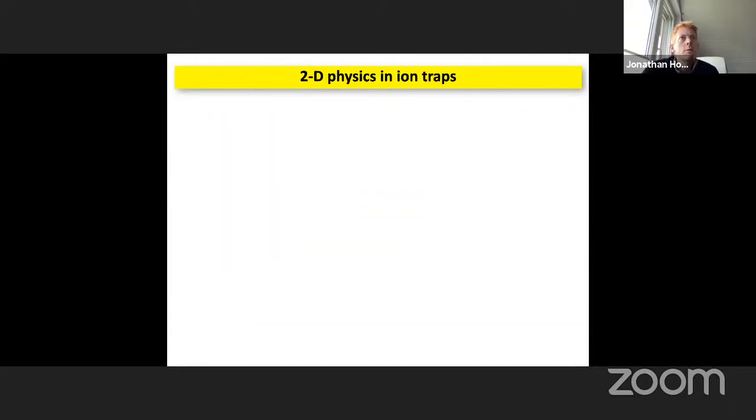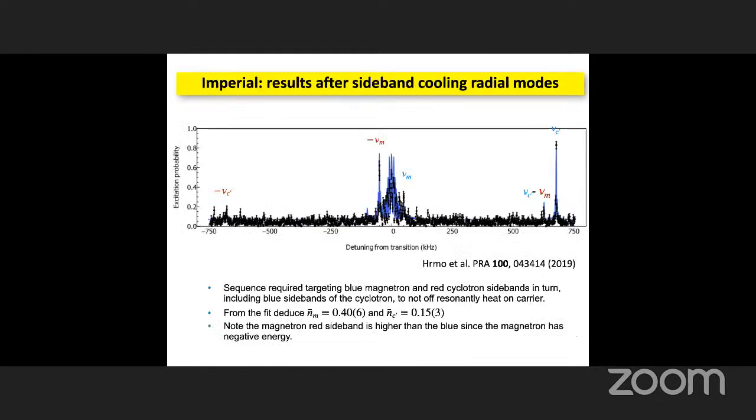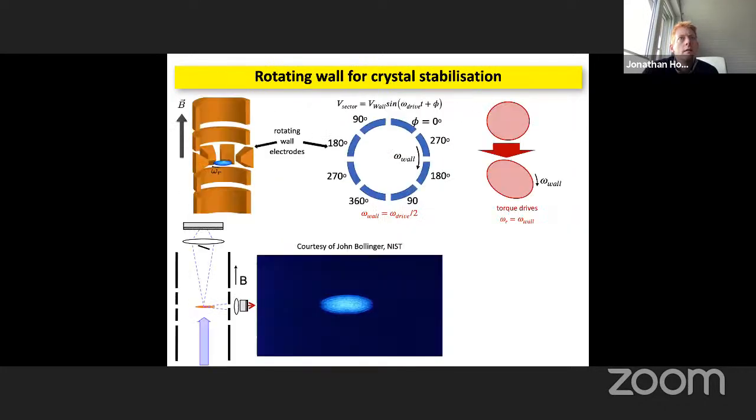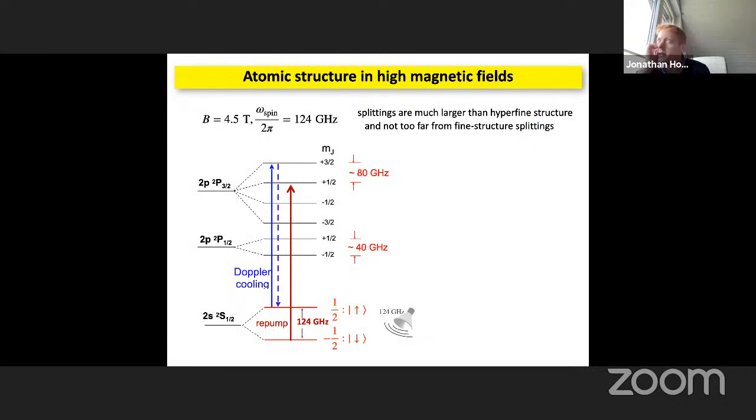So Doppler cooling, sorry, I'm trying to find the atomic structure. What Doppler cooling does is you want to scatter many photons.